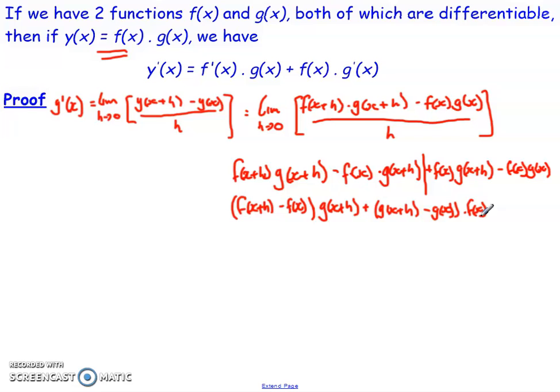So what I can do now is stick that back into here. If I stick it back in, I can rewrite y dashed of x as the limit as h tends towards 0 of, and this would now be my numerator, f of x plus h, take away f of x, all multiplied by that common factor we took out of g of x plus h, plus the second part here.